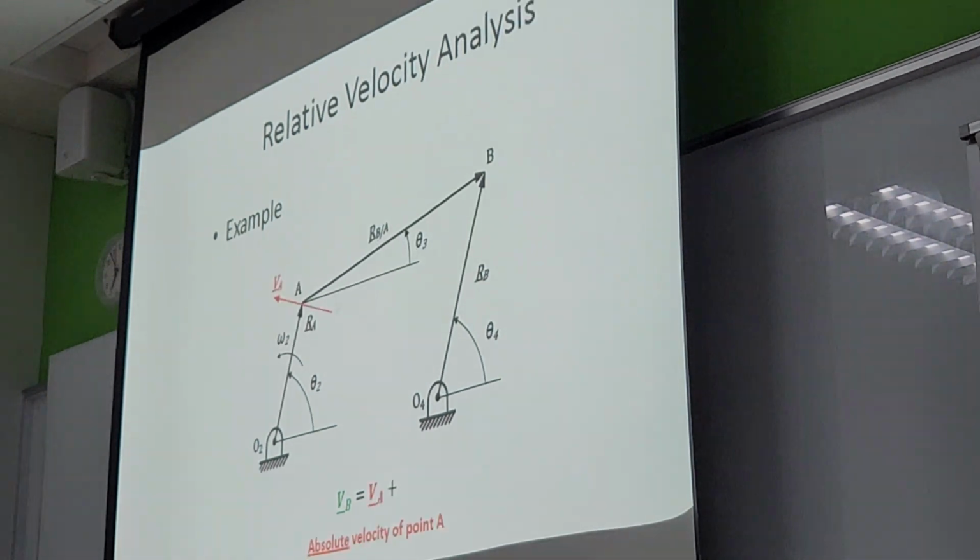Then we can write this is equal to velocity A. Velocity A is perpendicular to link 2.